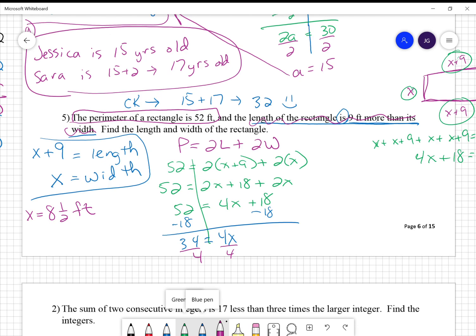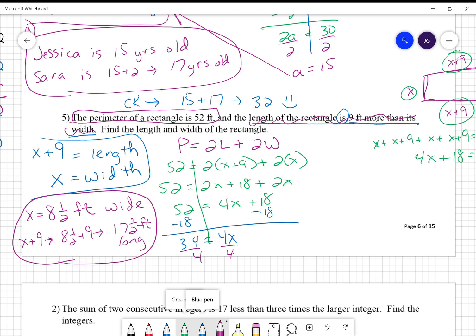And X is width. So X plus 9 would be 8.5 plus 9, which is 17.5 feet long. Okay, I'll leave the check up to you.